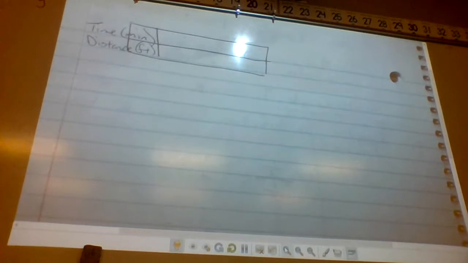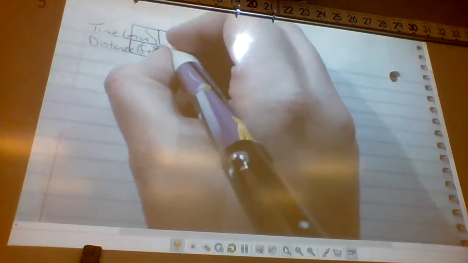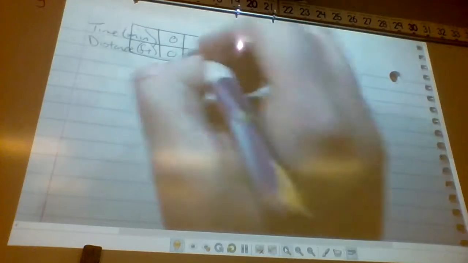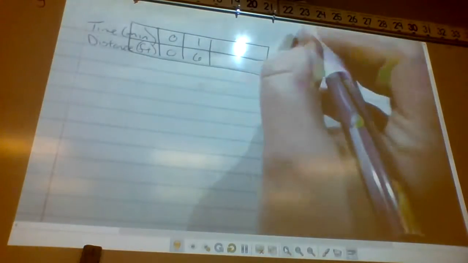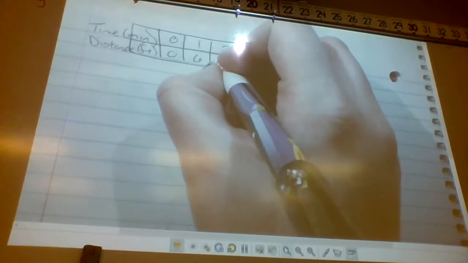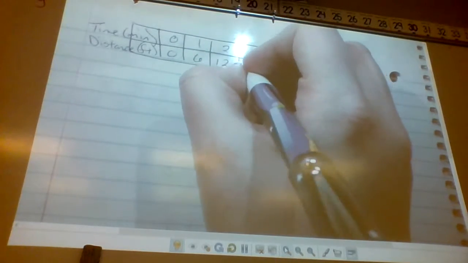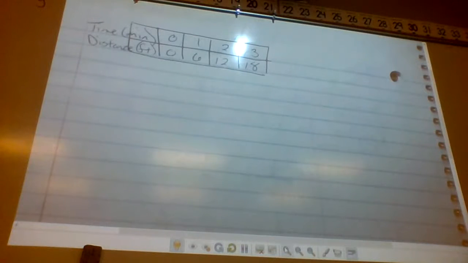You'll get this table. You won't have to draw it. You will be given this. So we have a 0, 0, a 1, 6, a 2, 12, and a 3, 18. That's where the coordinates are gonna be.